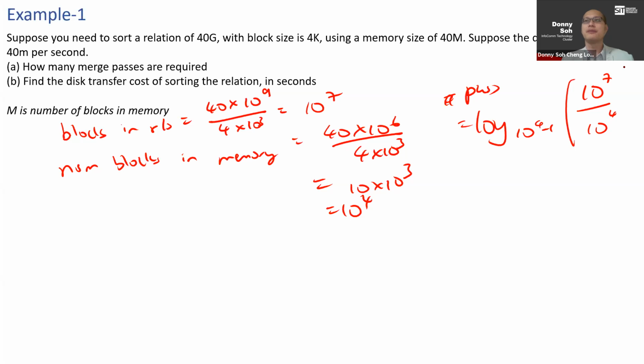So this is 4, so this will be equal to, not wrong, this is equal to 1. So this is how we solve this 1A.